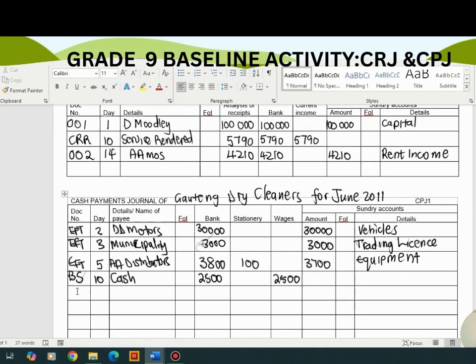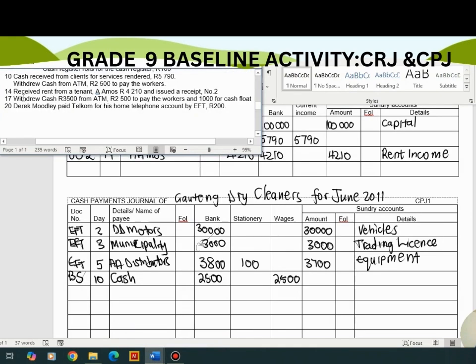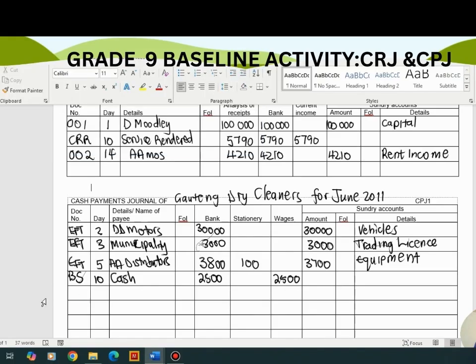The next transaction is we draw cash, 3,500, from the ATM. 2,500 is to pay wages and 1,000 rand is for cash float. So we go to the cash payment journal. The source document is bank statement, day 17.